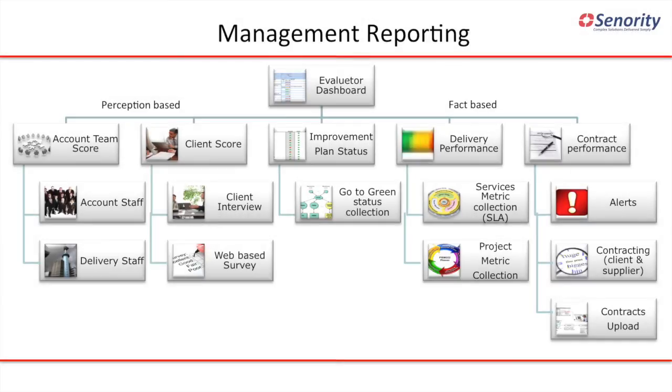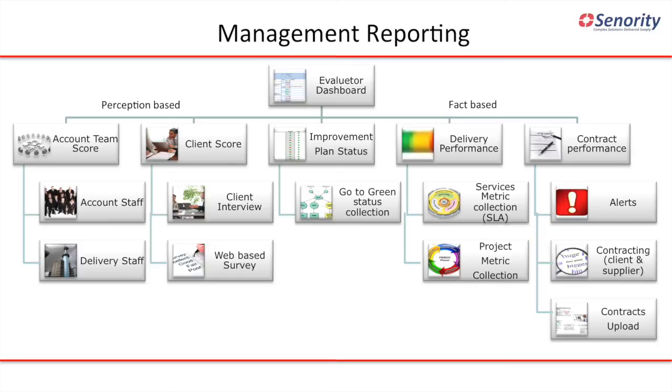Finally, in Evaluetor, all the information comes together in several dashboards and management reports. For instance, we have the perception-based information, which is the relationship management part of the system. We can look at how the account manager scores the relationship, how the client scores the relationship, and how all of the key staff have scored the different KPIs that are important to the relationship.